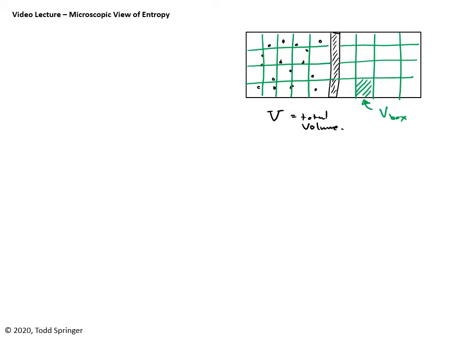If there's n atoms or molecules, then the number of ways that I could arrange them in those small boxes was what I call omega, the multiplicity. The number of ways to arrange it is the total volume divided by the volume of the box, to the power n, depending on how many atoms you have.